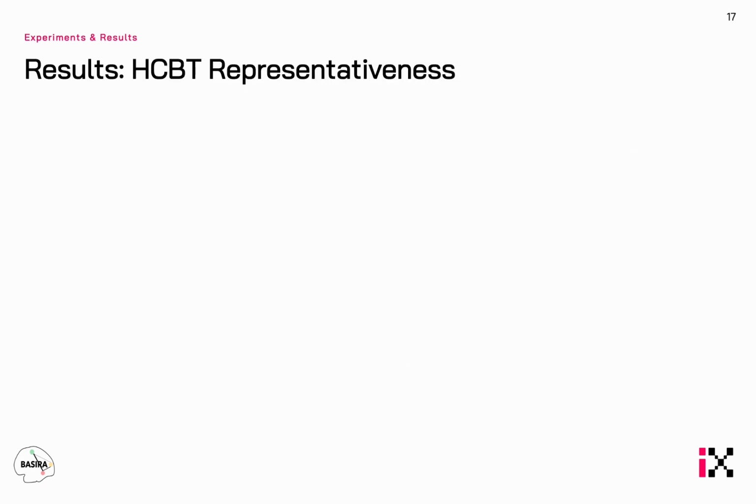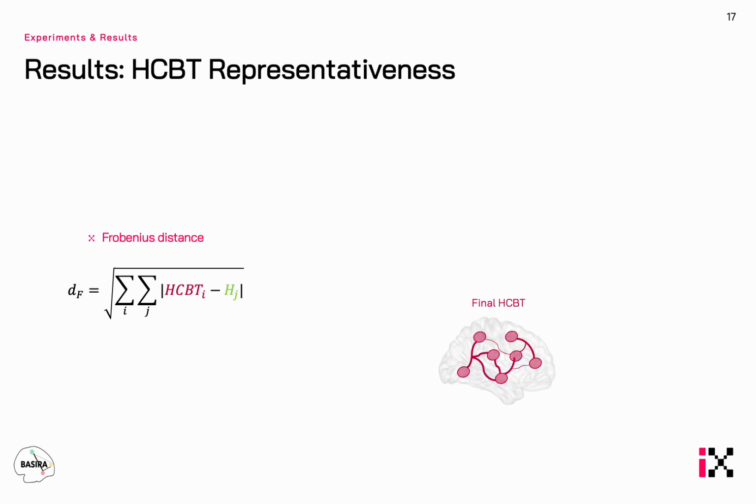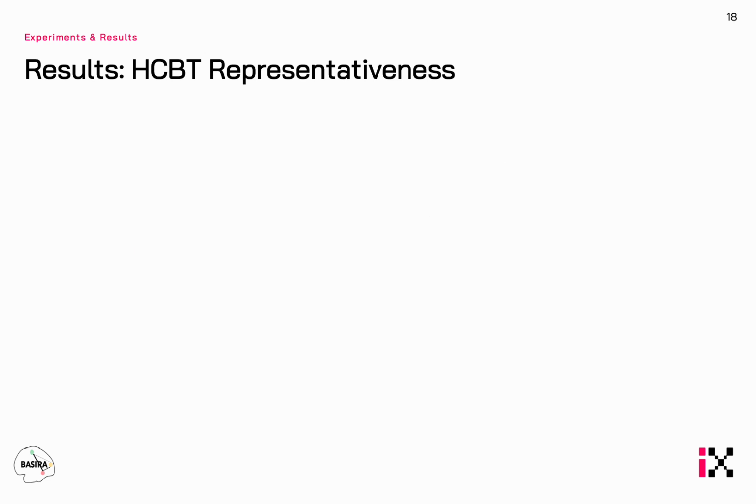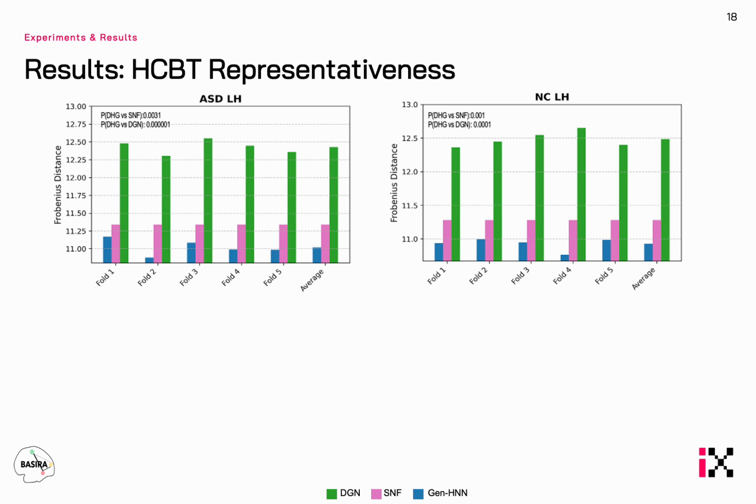So to evaluate the generated template, we evaluated on three levels. First, for representativeness, we used the Frobenius distance that calculates the distance between the final HCBT and the different hypergraphs in a testing set T. So the experiments were computed on the left hemisphere.